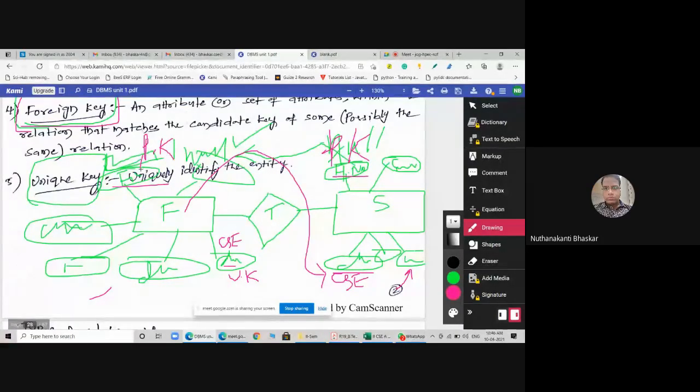Now, vice versa, from the student side. What is the primary key of the student entity? Hall ticket number is the primary key of the student entity. What is the foreign key of the student entity?